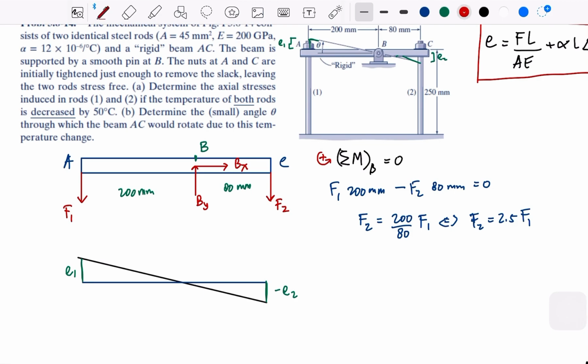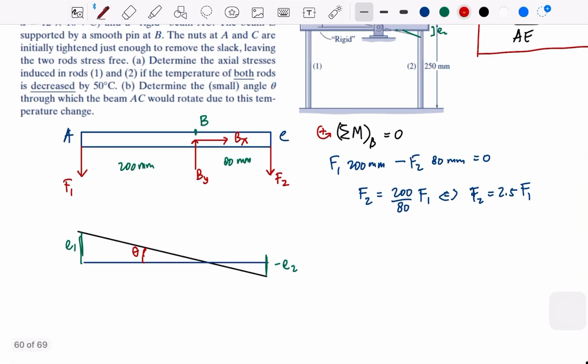And we have some angle theta, right? Or perhaps we are going to have more downside here, I think here, everything better. And now we take, this is 200 millimeter.